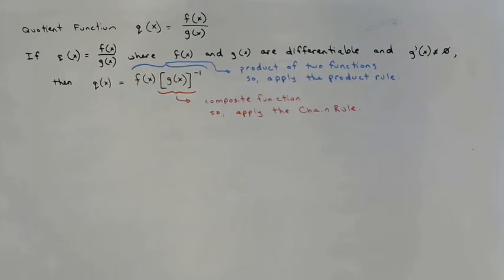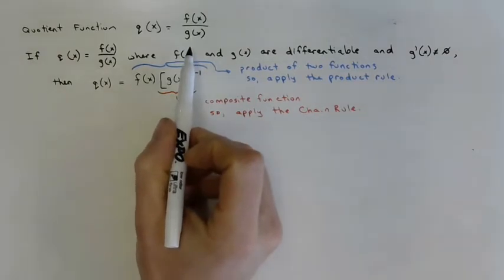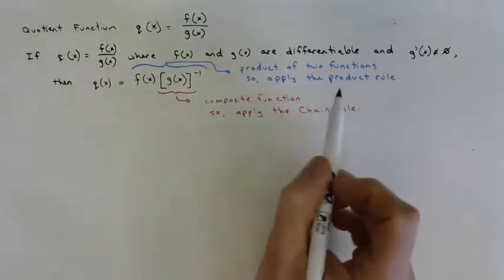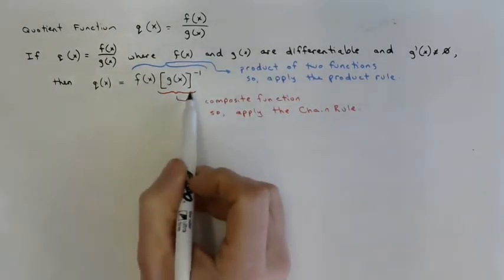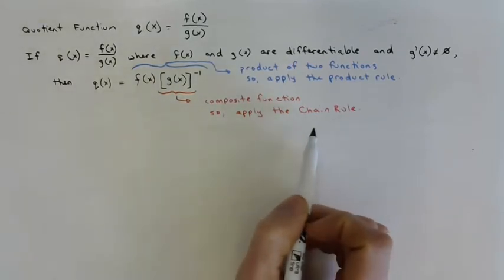So that's essentially our steps to differentiating a quotient function. We're first going to take the denominator and express it as a product, which means we can apply the product rule. And then one of those functions is a composite function, so we're going to also apply the chain rule.